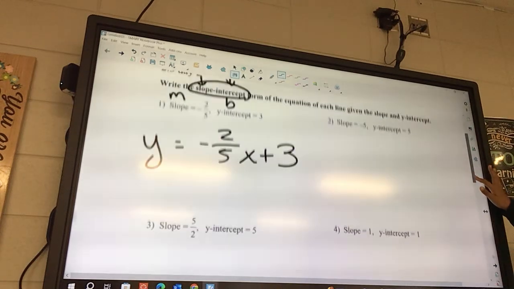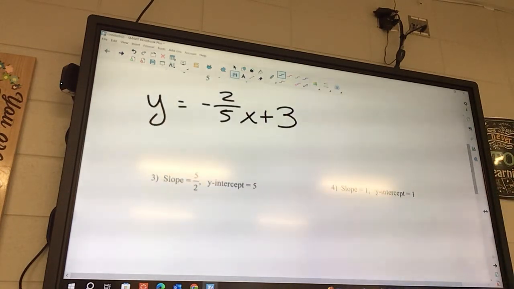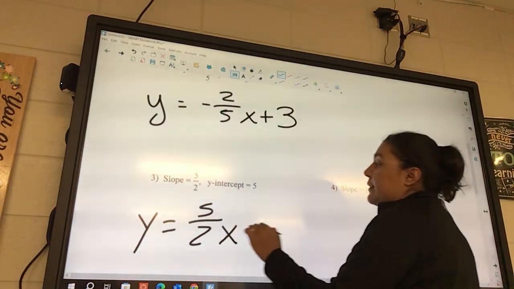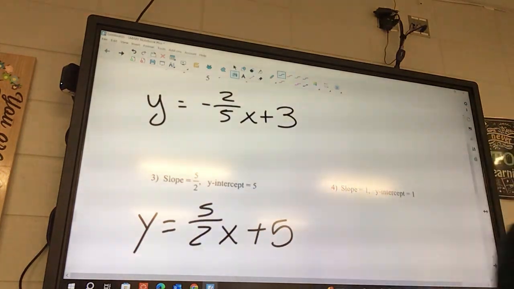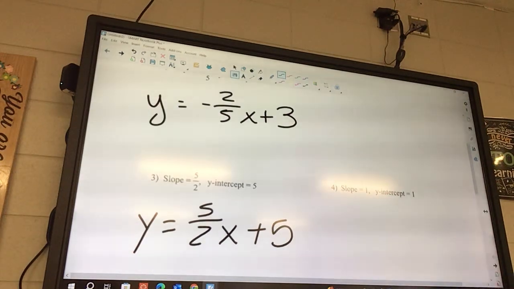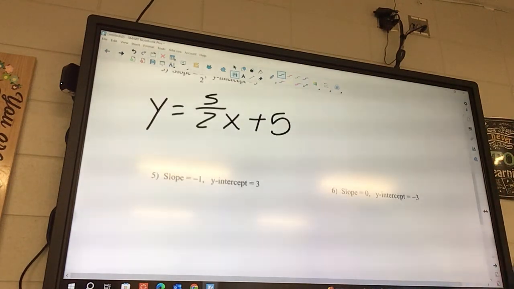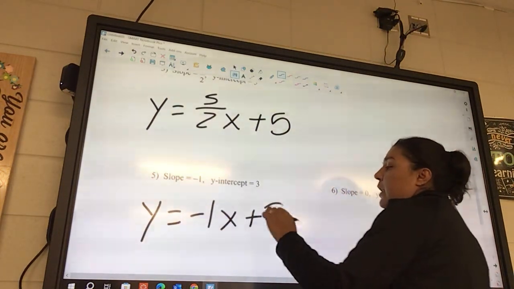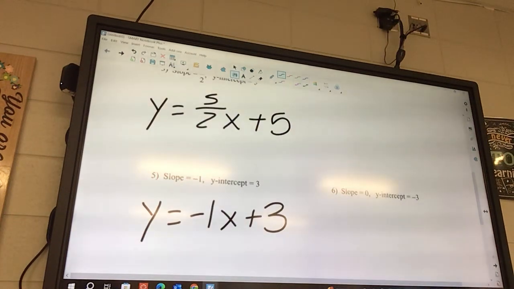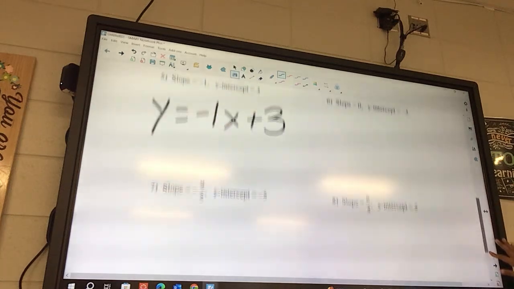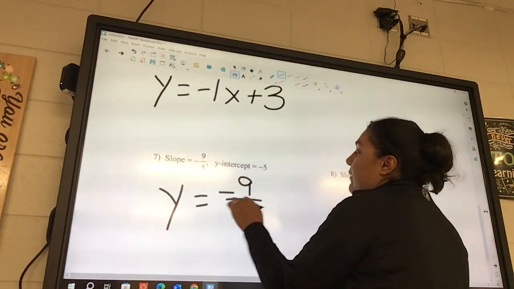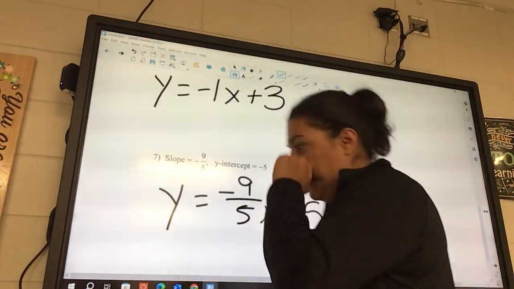Where the m is our slope and the b is the y-intercept. Okay, so if we look at number 3, it's going to be y equals 5 over 2x plus 5. Okay, 5 is going to be y equals negative 1x plus 3. Okay, 7 is going to be y equals negative 9 over 5x minus 5.